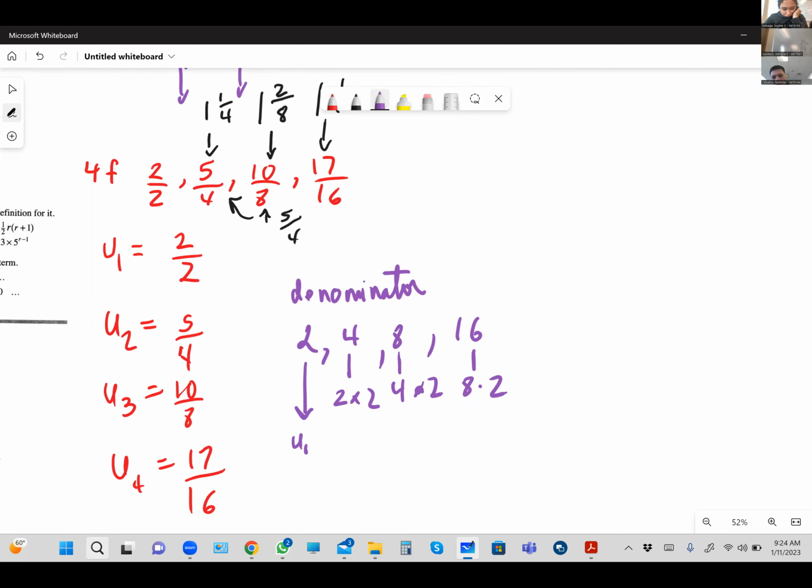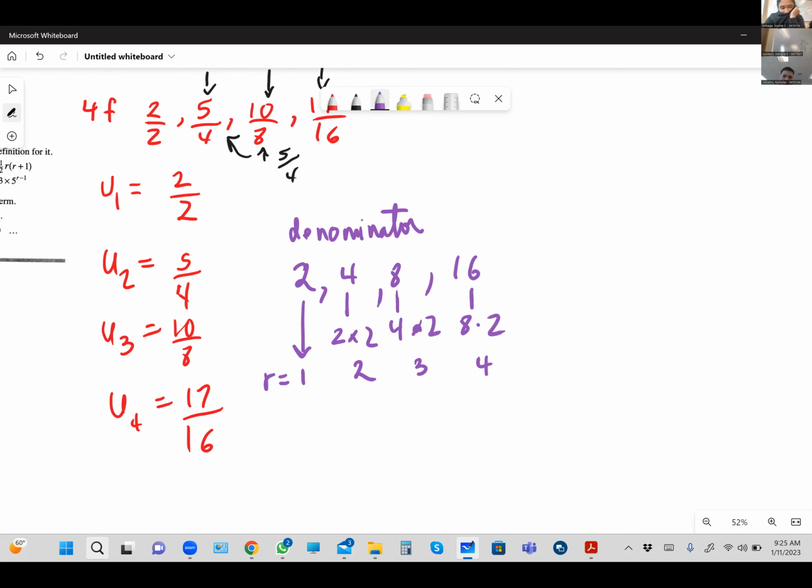All right, so can we establish a formula for that? Let me try a different way. This is 2 times 1. Then this is 2 times 2.